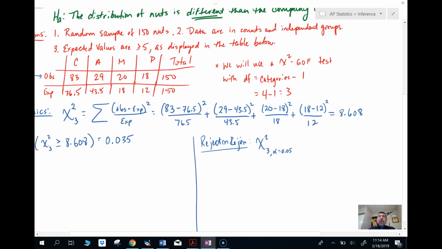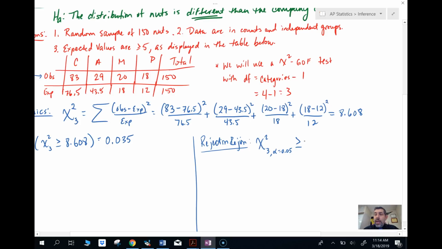What is my minimum chi-squared value that will give me a reject-the-null conclusion in my hypothesis? Anything bigger than this value is going to reject the null, because it's going to be a bigger chi-squared value. And anything smaller, we're going to fail to reject the null. That's called the rejection region. So we're really looking for the minimum value for me to reject the null. Anything bigger, again, we're going to reject.